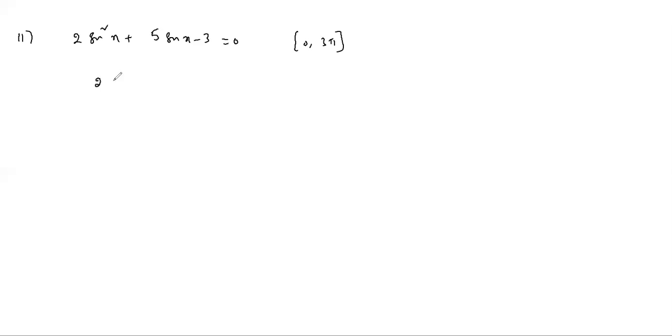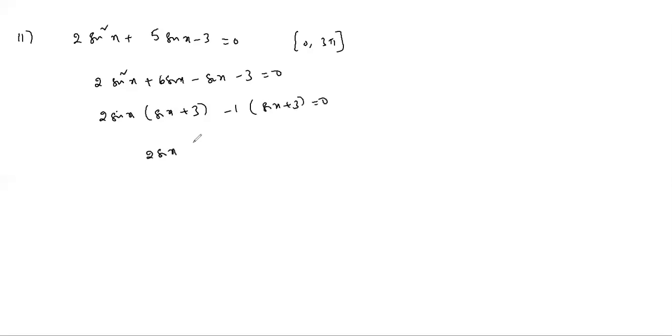What are the factors? 2 into 3 is 6, so 6 and minus 1: 2 sin square x plus 6 sin x minus sin x minus 3 equal to 0. 2 sin x common, sin x plus 3, minus 1 common, sin x plus 3 equal to 0.